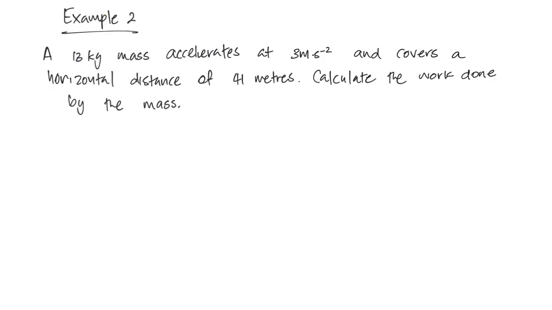Okay, for the next example, it says a 13 kilogram mass accelerates at 3 meters per second squared and covers a horizontal distance of 41 meters. They want the work done by the mass. Now, if I look at my formula, we've got W is equal to F delta X. Now, I need to look for the work done.